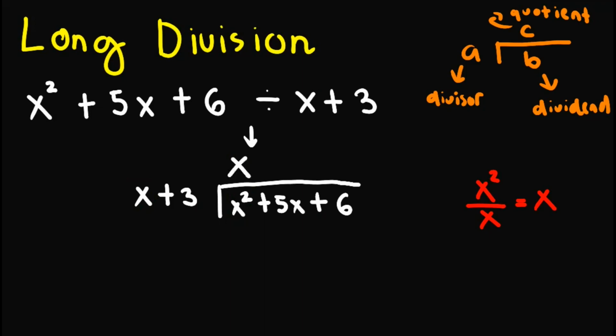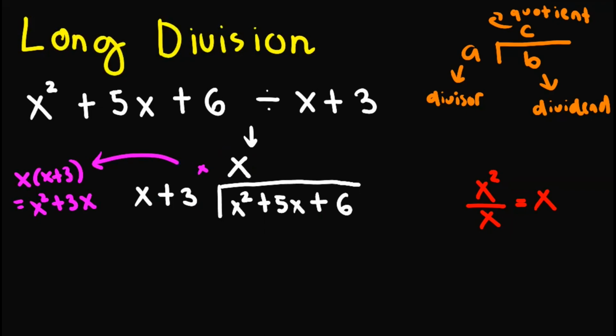And now, just like in long division of real numbers, we multiply this first term of the quotient into the divisor. So multiplying this, that will give us x times x plus 3, which is equal to x squared plus 3x.